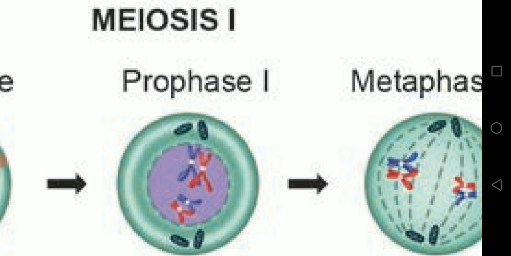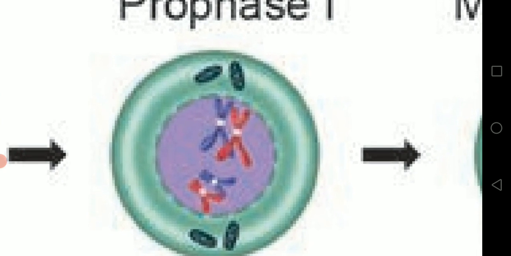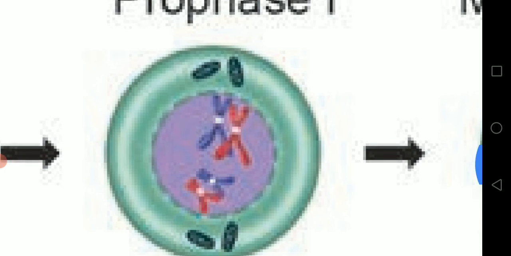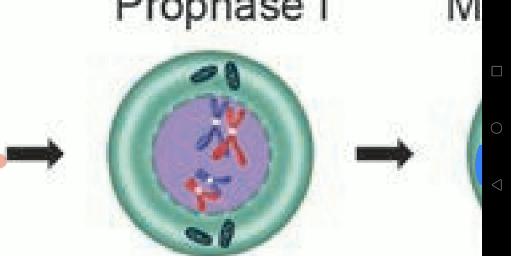They do not completely separate, but remain attached together at one or more points by X-shaped arrangements known as chiasmata. Here in prophase 1, both ends of the chromosomes go in contact, which is synapsis, as we have already seen in zygotene. Chiasmata means they remain attached together at one or more points in an X shape.